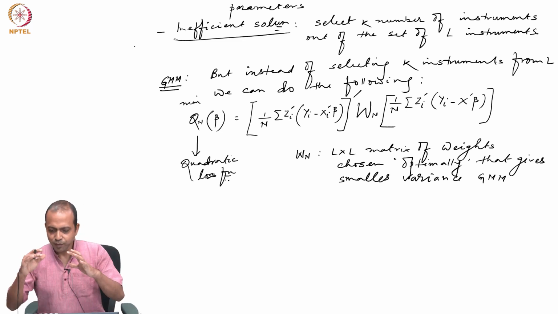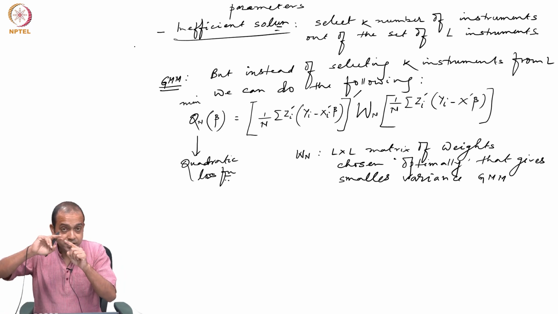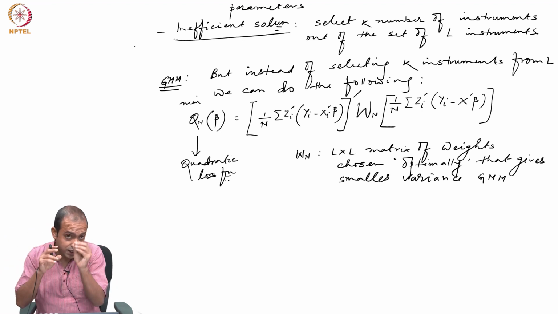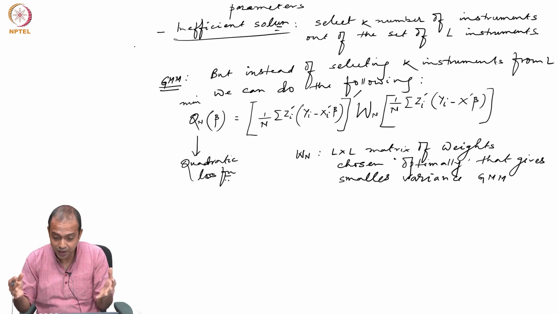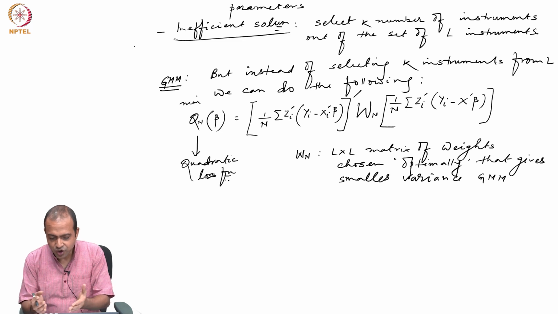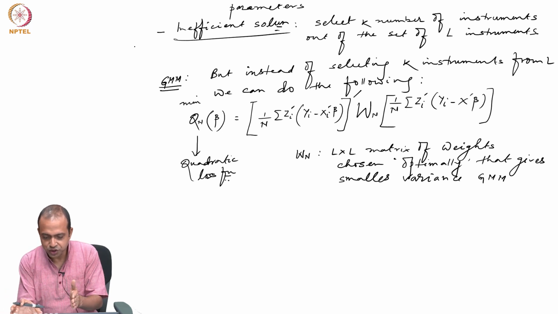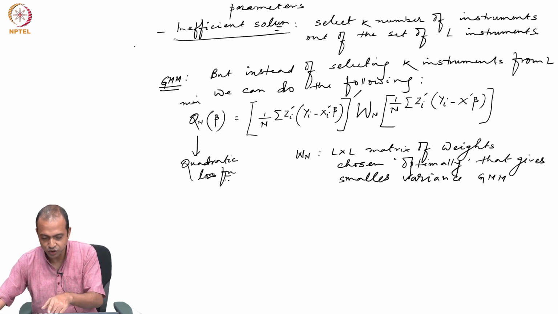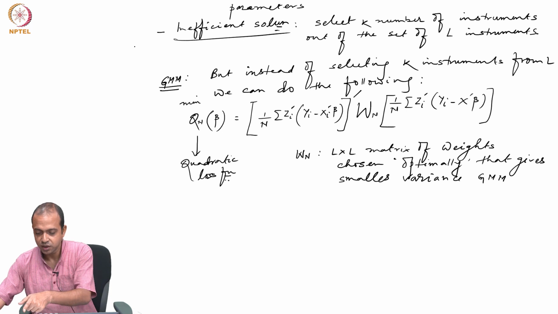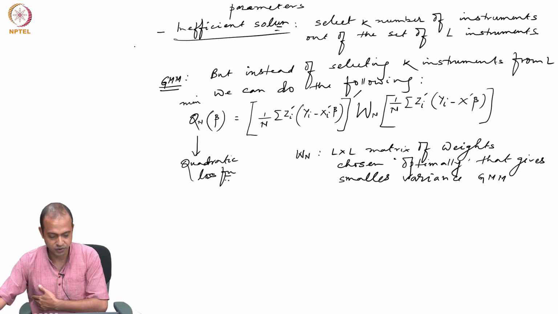So what I am actually doing, when L is greater than K, instead of selecting K number of instruments out of L, is constructing a quadratic loss function, that means minimizing this particular equation, which is derived from the sample moment condition: 1 by n sum of Zi transpose into (Yi minus Xi prime beta) whole transpose, multiplied by a weight matrix and then 1 by n Zi prime this.